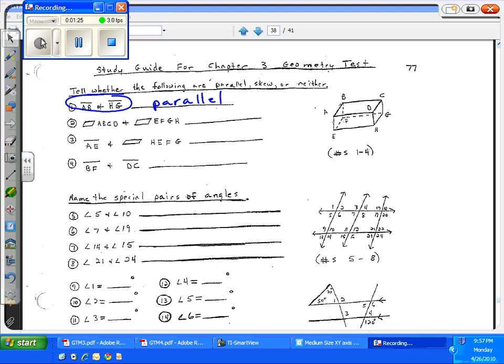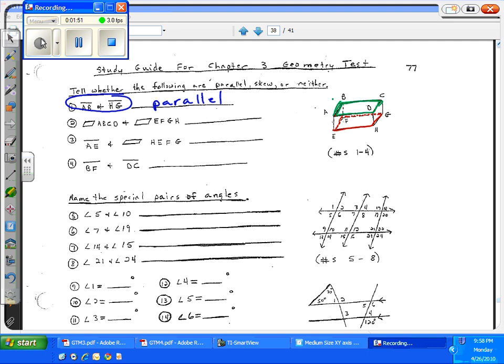Plane ABCD, that would be the top. And plane EFGH, that would be the bottom.